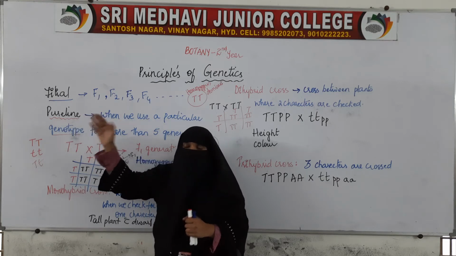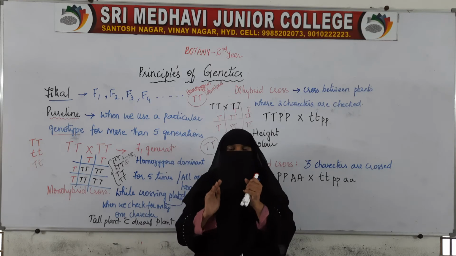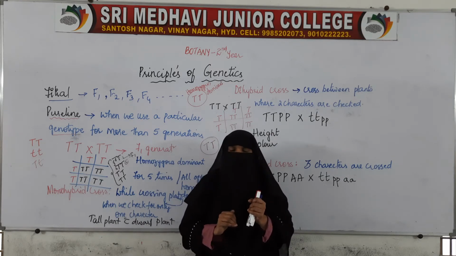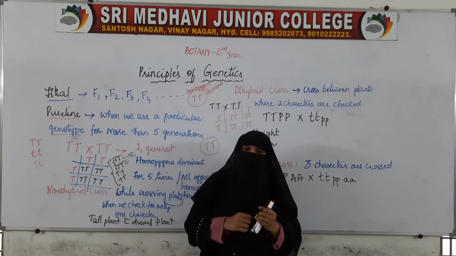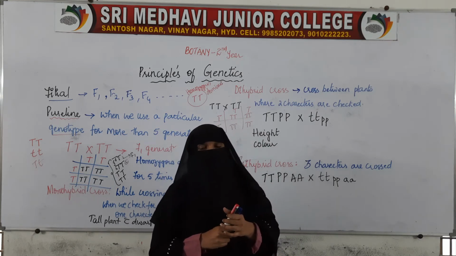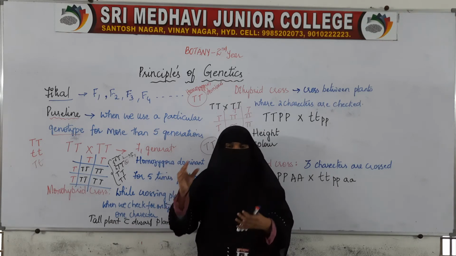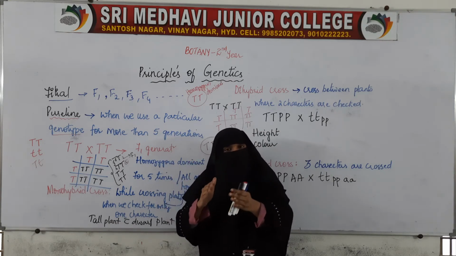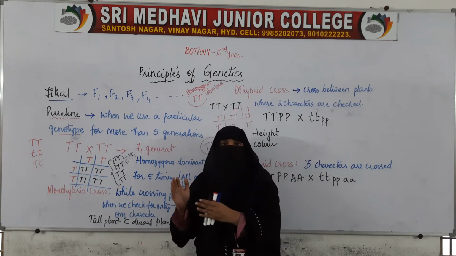That is, when you cross it with another pure line, you will always get a homozygous dominant. Homozygous means same genes, and when the same genes are there, those same genes will be dominant. So that is a pure line: using a particular genotype for 5 subsequent generations, and the result will be the same.